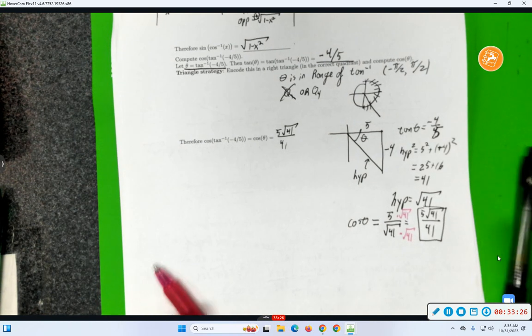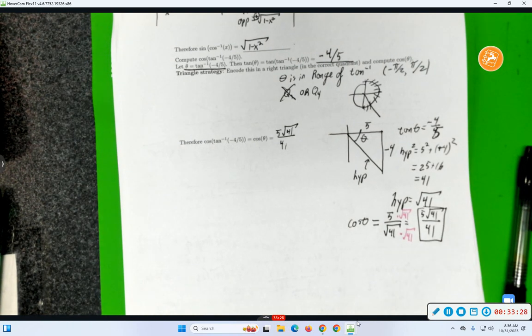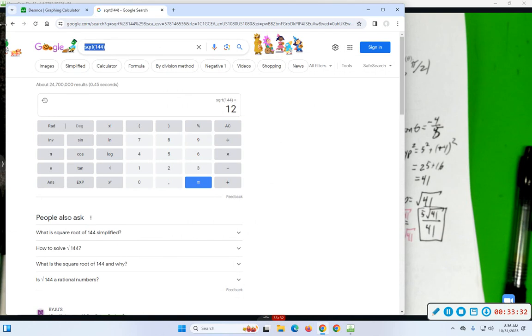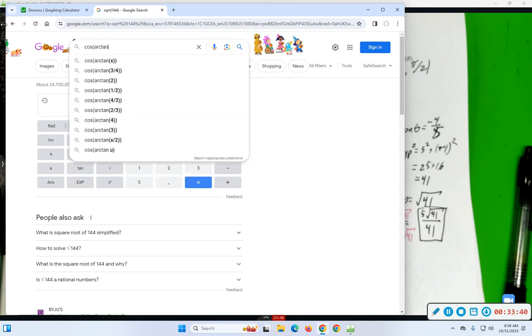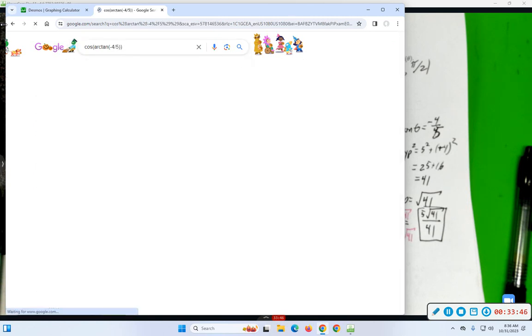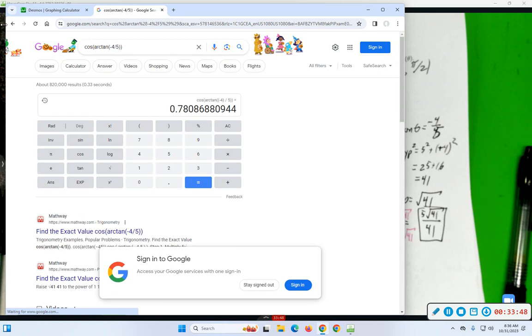And you know what? Let's check that resorting to a machine. I'll use this machine this time. So let's compute the cosine of the arctangent of negative 4 over 5. All right, about 0.78.